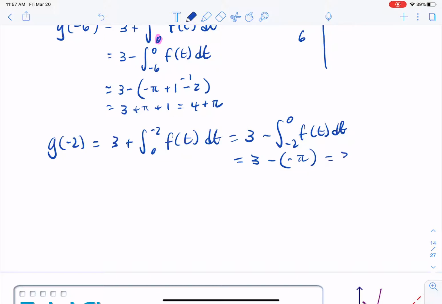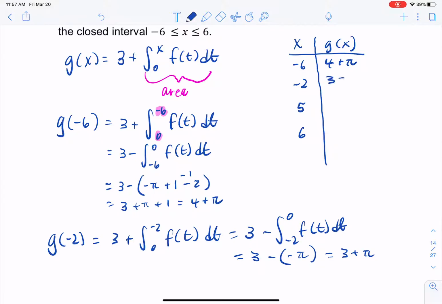Distributing that negative, we get 3 plus pi. Ooh, those were so close. Okay, keep going. We're almost there. And like halfway there, I guess.